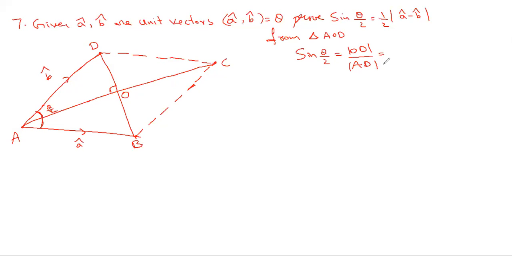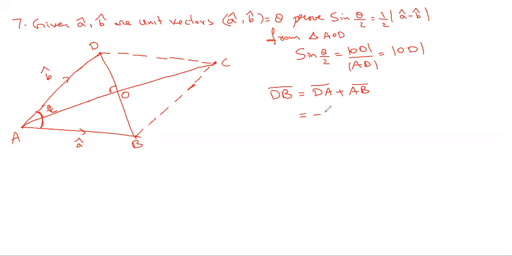AD magnitude is anyway 1 because it's a unit vector, so basically the magnitude of OD. For the diagonal DB, if you calculate it, DB equal to DA plus AB.